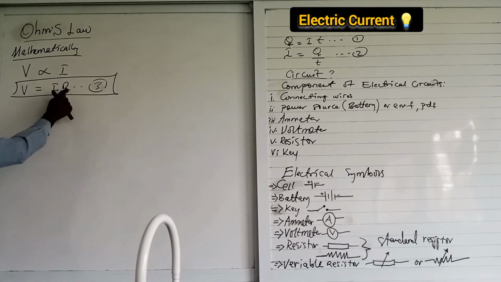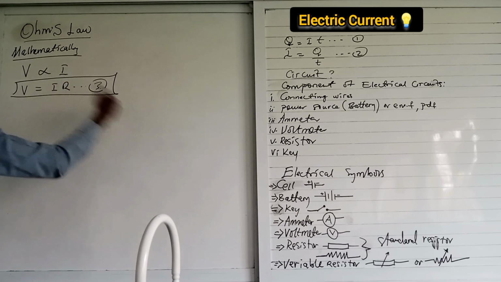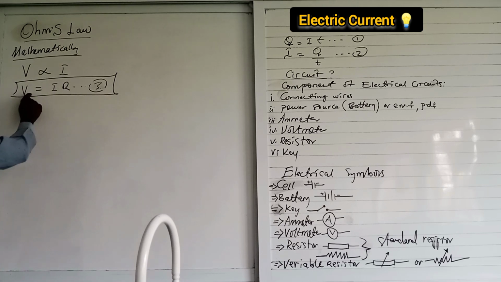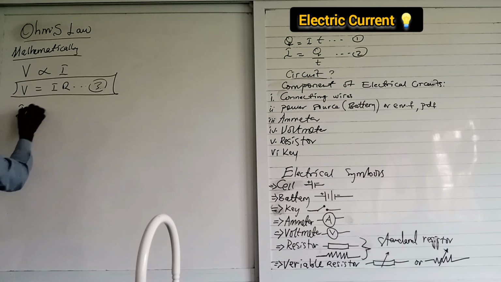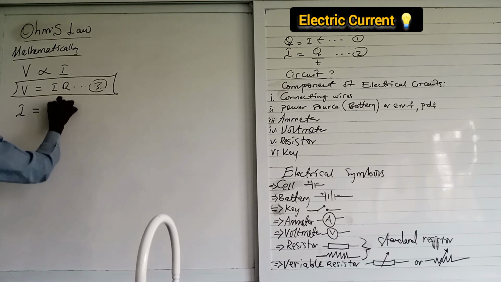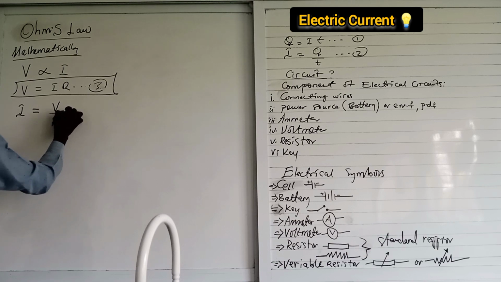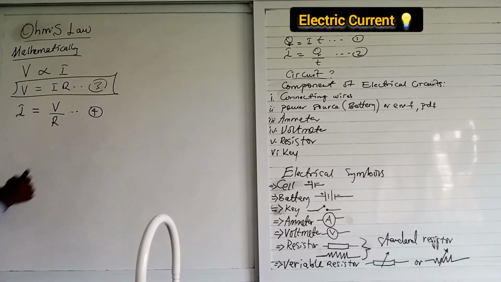And then as we vary R, the value of the current will also be varying. From this equation, we can still produce another equation as follows: the current in the circuit is defined as the voltage over the resistance, I = V/R. We can call this equation number 4.